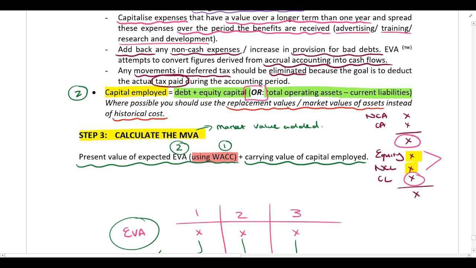So we take the value of debt and equity from our statement of financial position, and to that we add the present value of our EVA that we've calculated. So this gives me my carrying value of capital employed. Then we add the excess value that has been created. Obviously, if it's a negative amount, that means value has been destroyed and it will reduce the value of the company. If EVA is positive, value has been created and it will increase the value of the company.